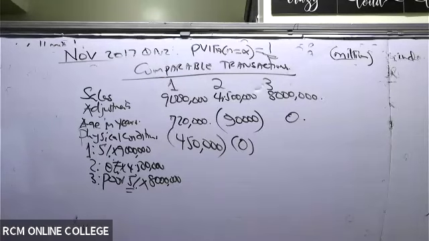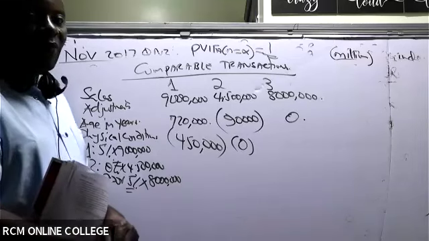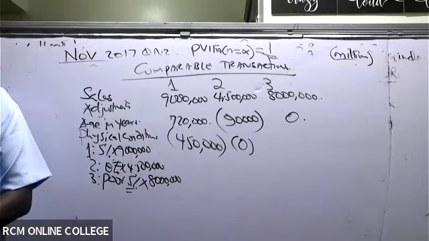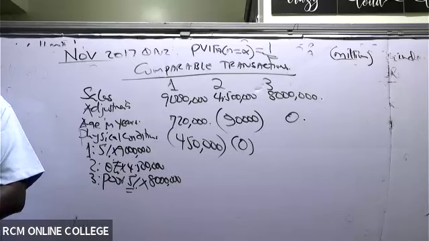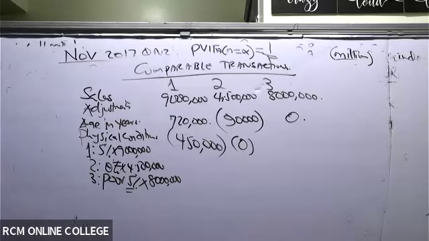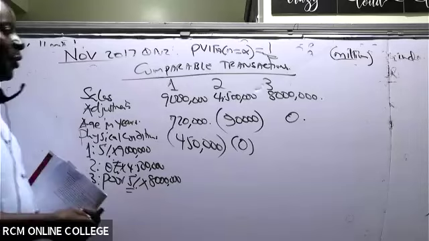Please be very, very careful. The percentage, 0.05 times 8 million. That will give me what figure? $400,000. So this will be 400,000.